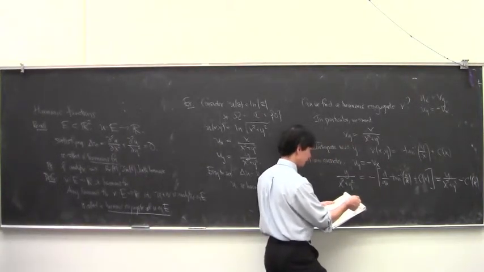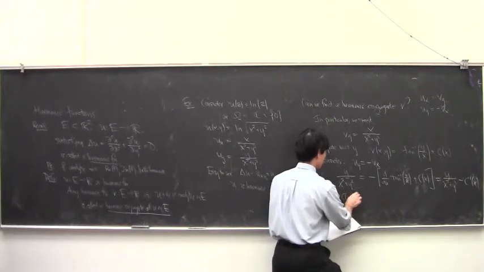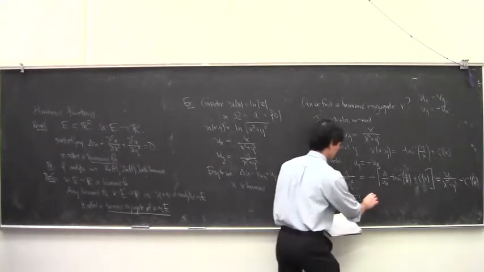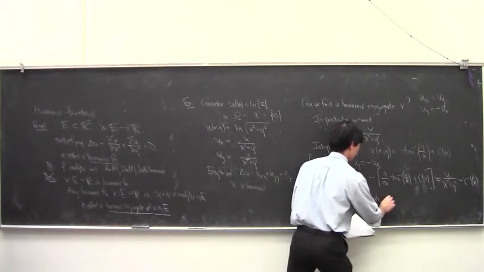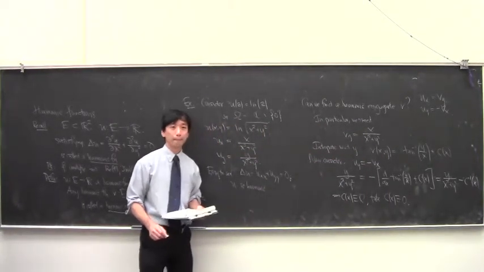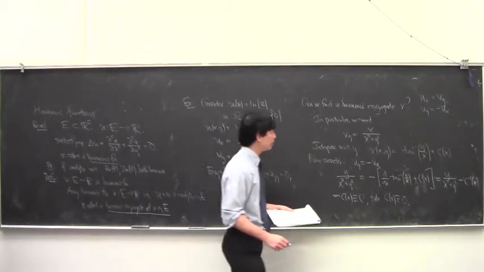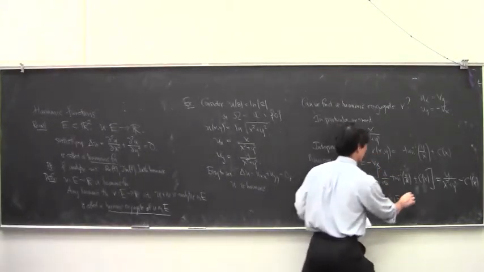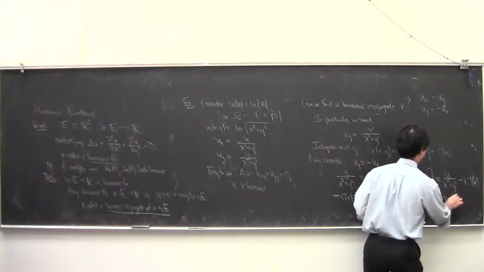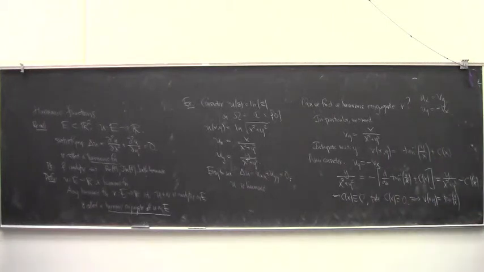The punch line is that c of x must be a constant, so you take it to be 0. That gives you that v is arctan of y over x, which is to say the argument of x plus iy.